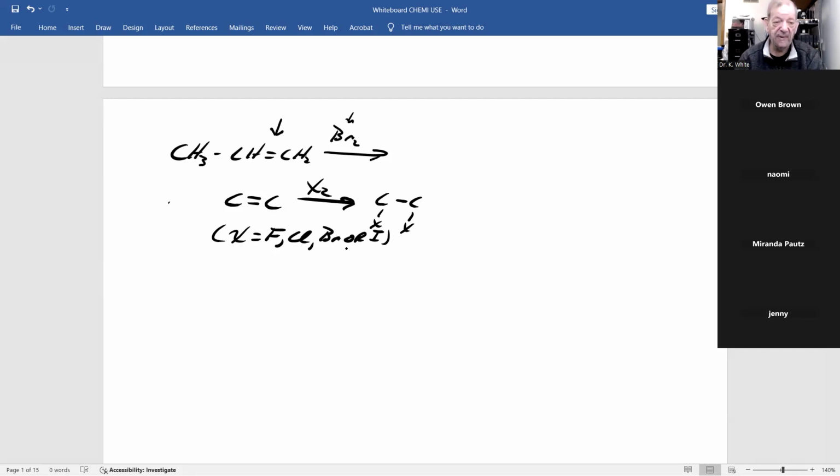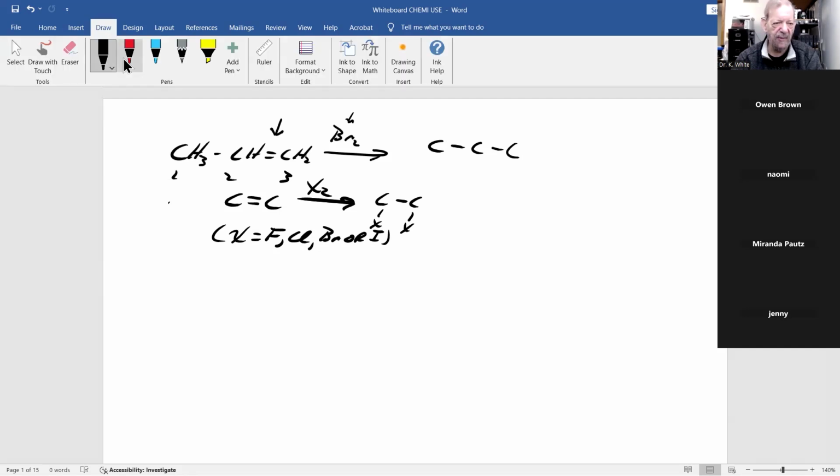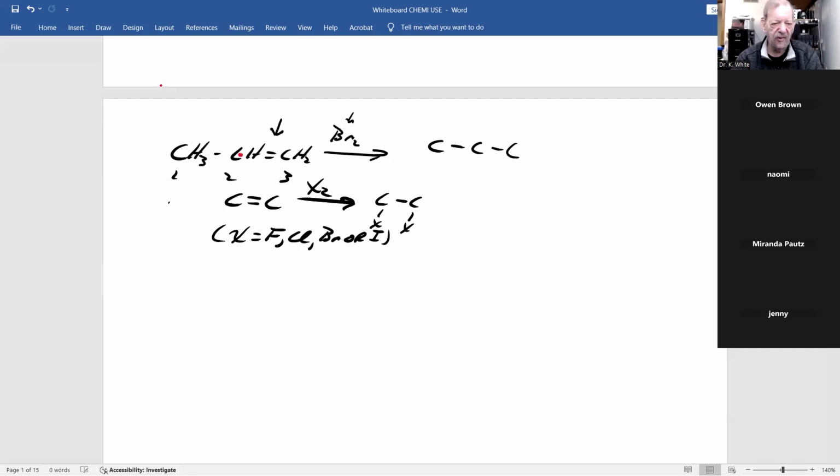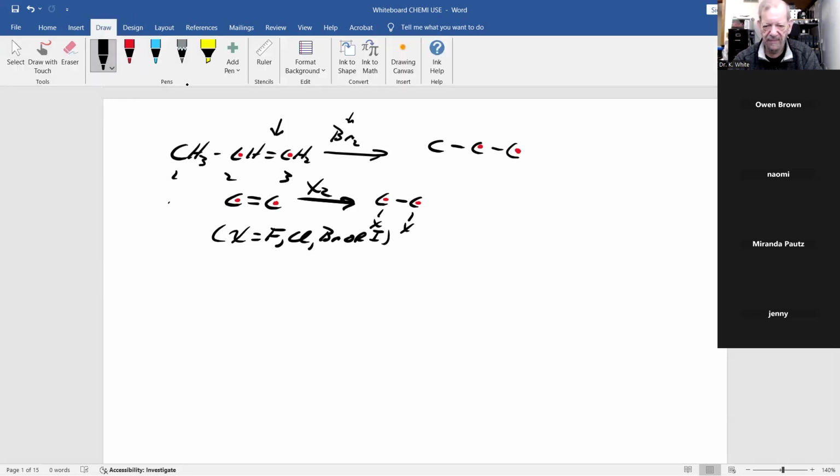Now, do you break carbon-carbon single bonds? No. So if I have 1, 2, 3 carbons, I better end up with 3 carbons like that. And which are my 2 carbons of the double bond? These. Those 2 carbons, you break the pi bond between them, which I did right here. And each one of these carbons gets a halogen. What's the halogen? Bromine.